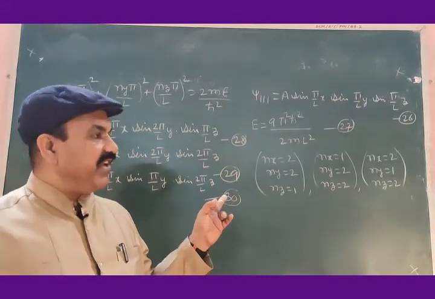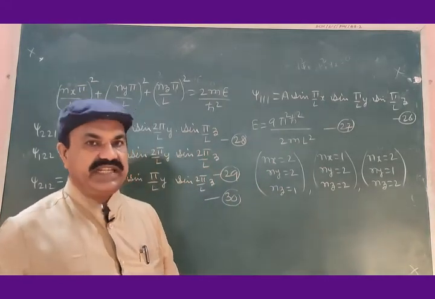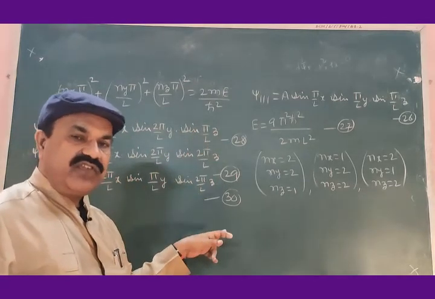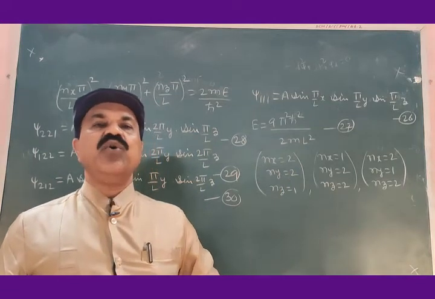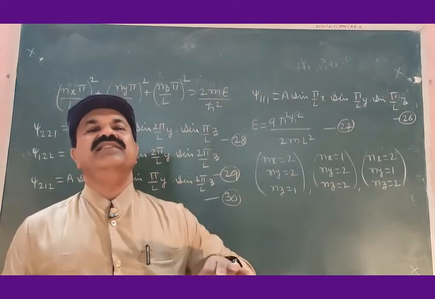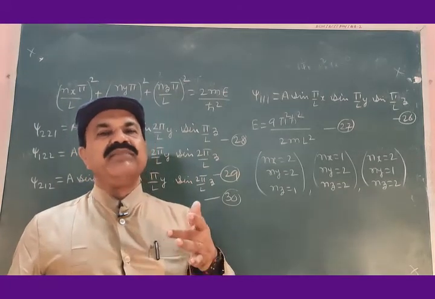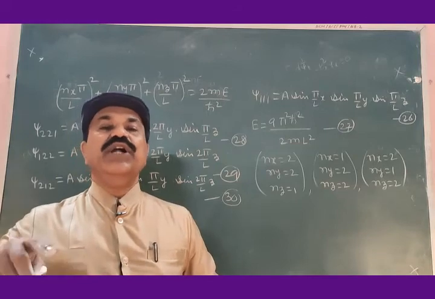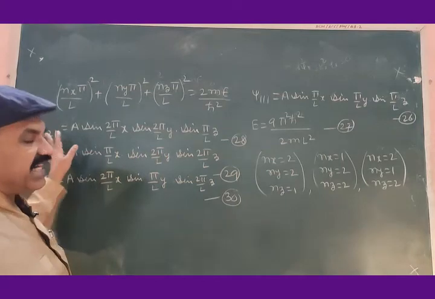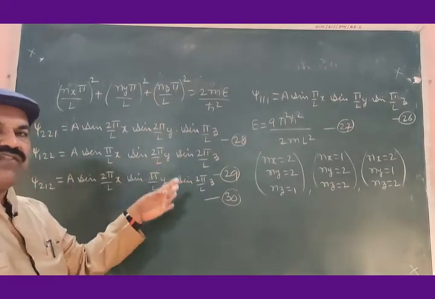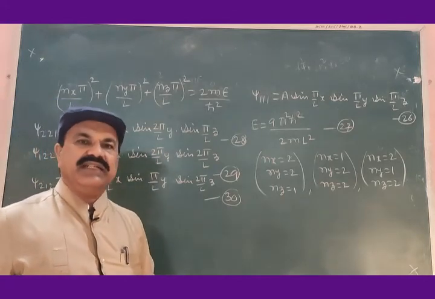Although they have the same energies, these wave functions may have different momentum eigenvalues, and accordingly different momentum eigenfunctions, which may be entirely different from the eigenfunctions shown in equations 28, 29 and 30.